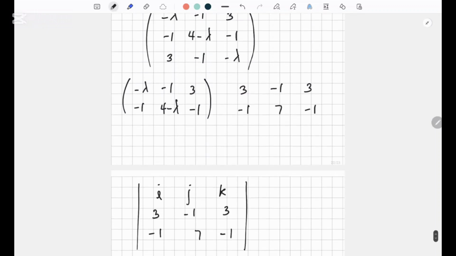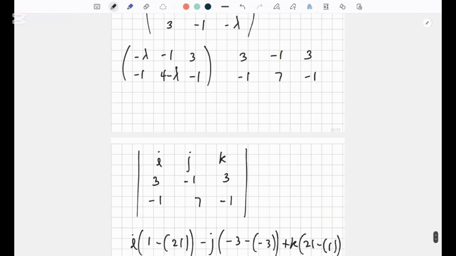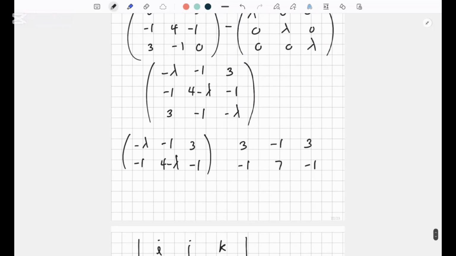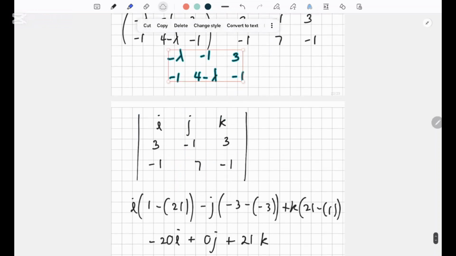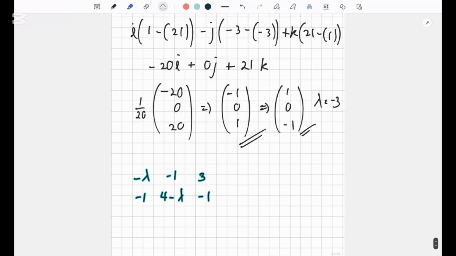So now let's do it for lambda equals 2. Same way, I'll take this section down. So let's put in 2 now.